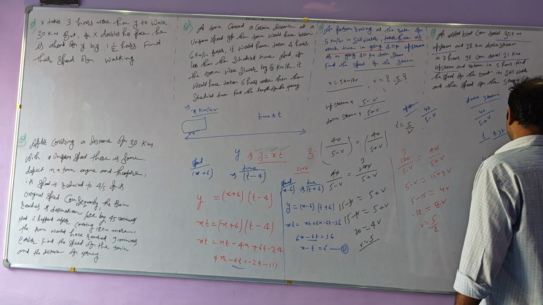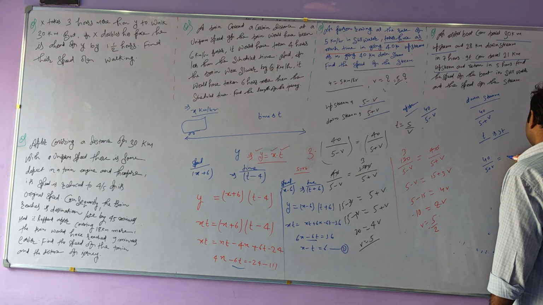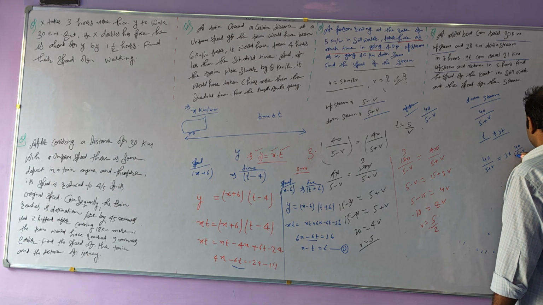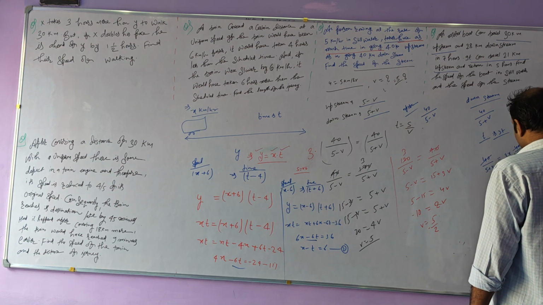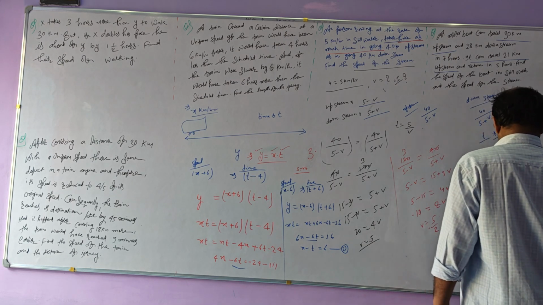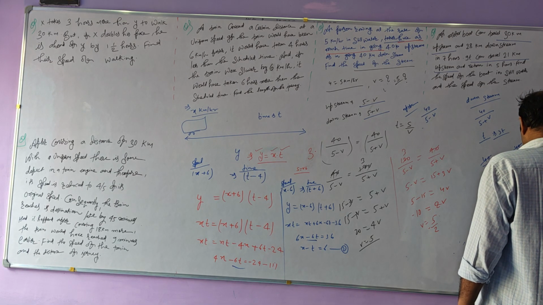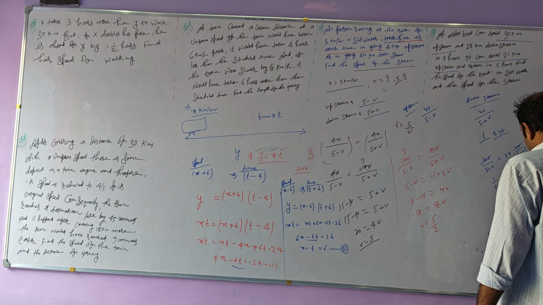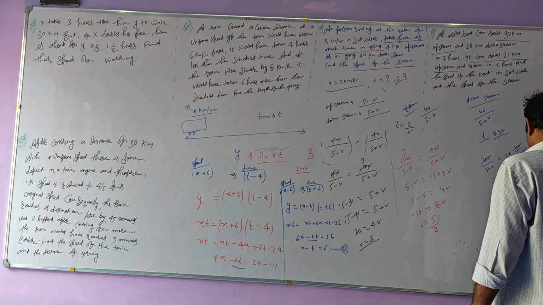Downstream is 40 upon 5 plus b, and upstream is 40 upon 5 minus b. The 40 cancels. 1 upon 5 plus b is equal to 3 upon 5 minus b. So 5 minus b is equal to 15 plus 3b.